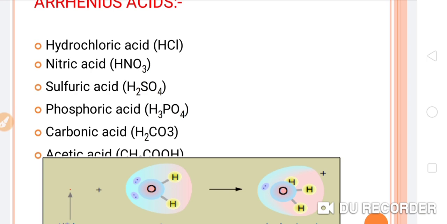Similarly, phosphoric acid gives 3 hydronium ions and phosphate anion. Carbonic acid gives 2 hydronium ions and carbonate anion. Acetic acid gives 1 hydronium ion and acetate anion.